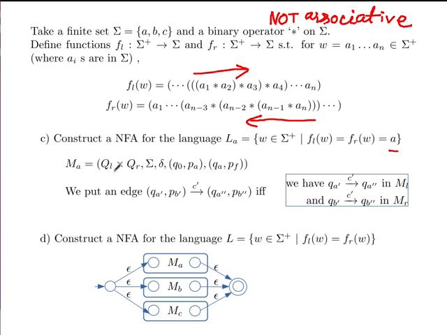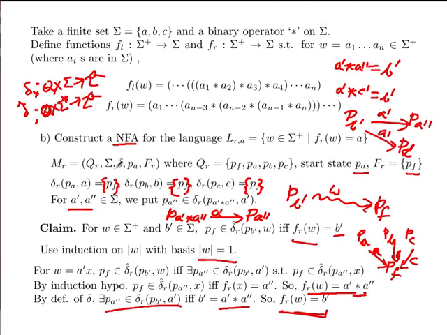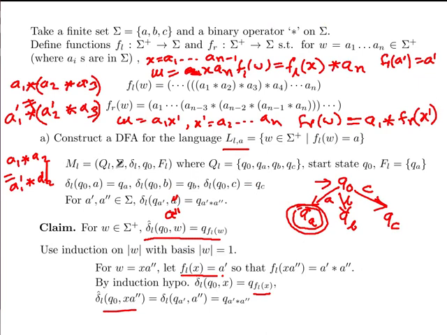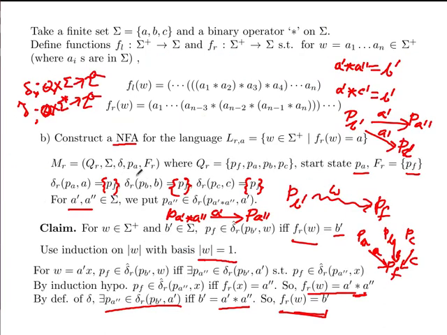So we have constructed this ML and MR with these parameters, this QL and this delta L, and for this right we have this QR and, sorry, I should have a delta R here.